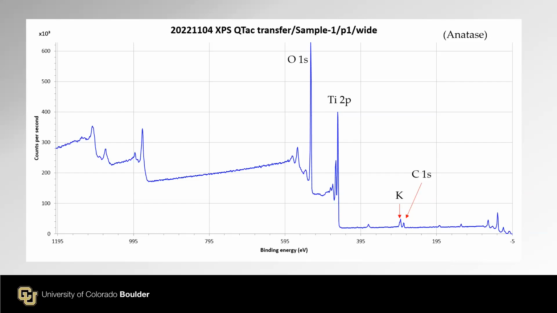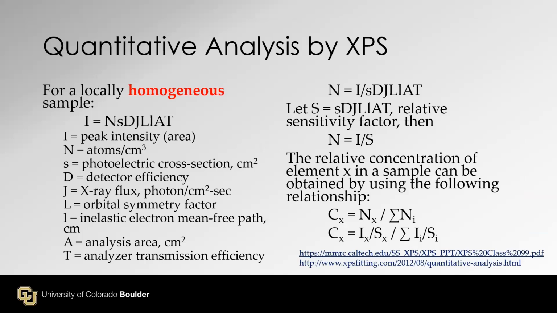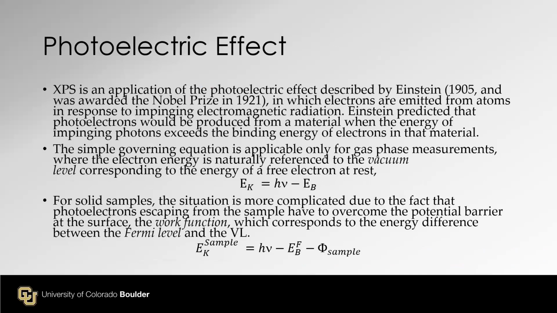The top surface is coated with potassium oxide, potassium, whatever that is. And TiO2 is underneath. So you have to be careful when you want to perform quantitative analysis from the XPS spectrum, which is same dimension is different, but it's true for EDS quantitative analysis.